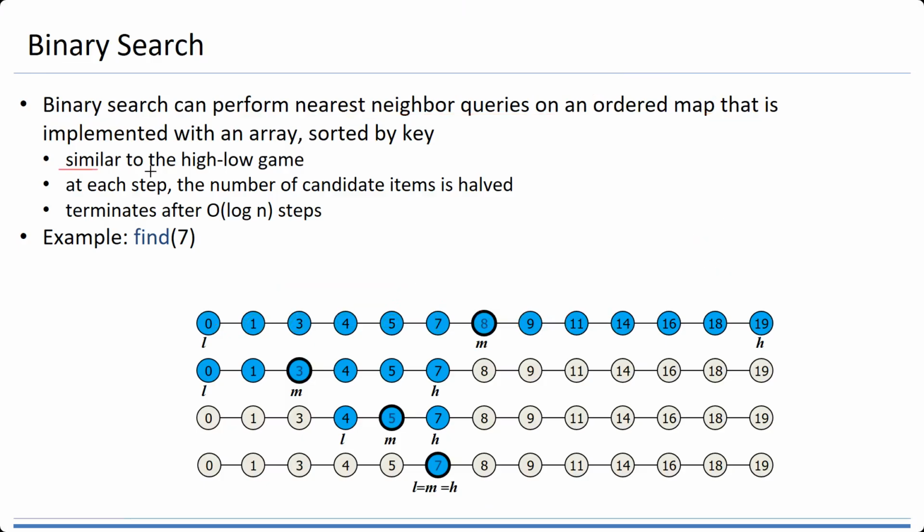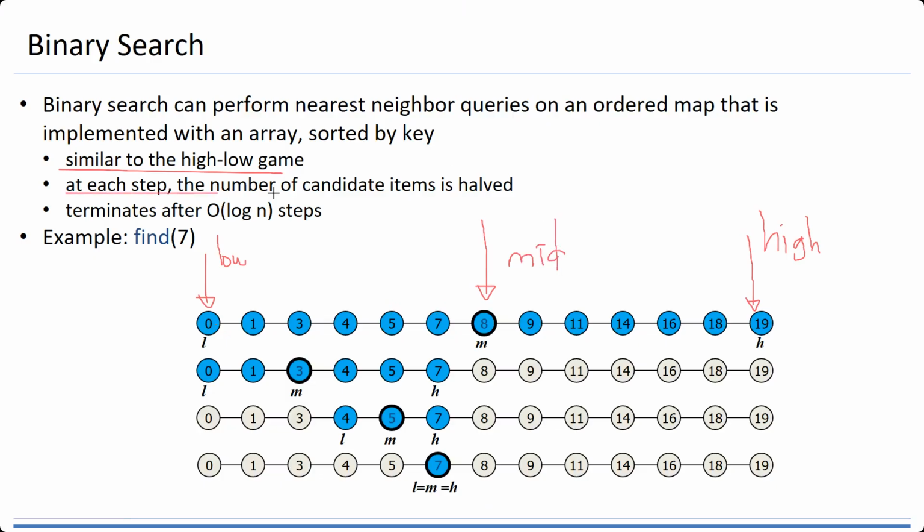So last time we learned about the high-low. What is the high-low? It means we want to find the middle value, the low value, and the high value. So we want to find the high, the low, and the mid value.